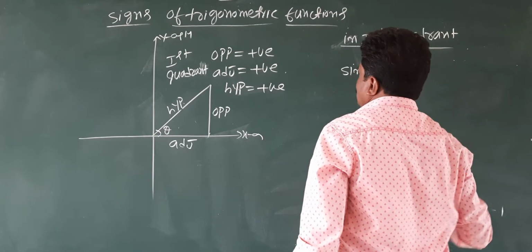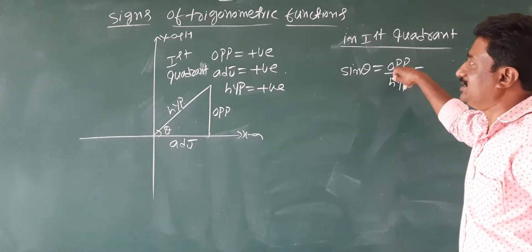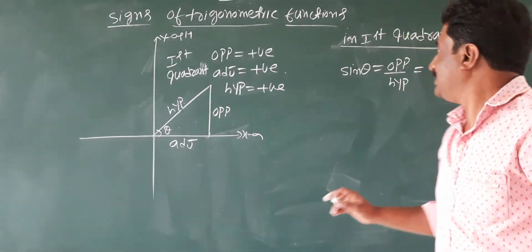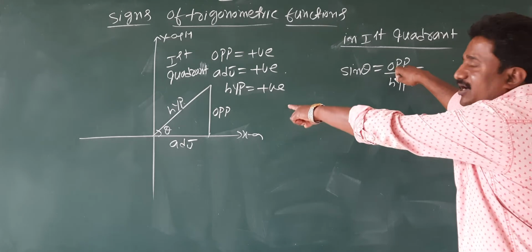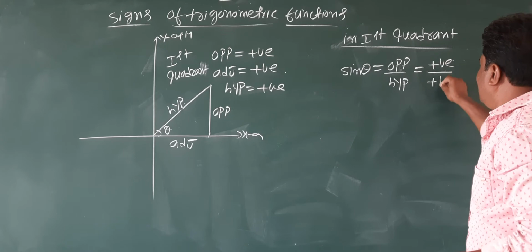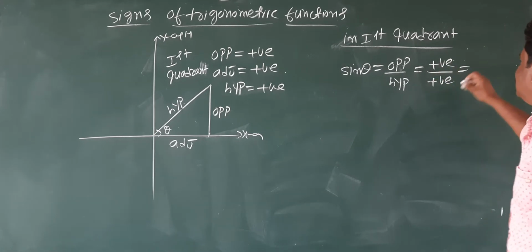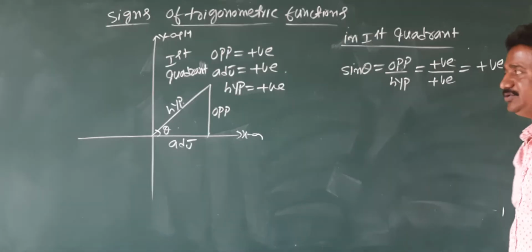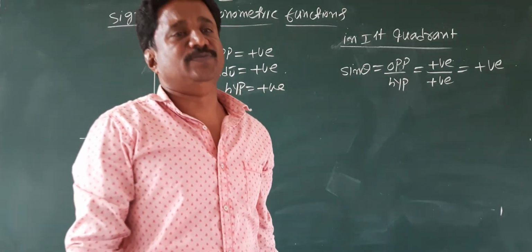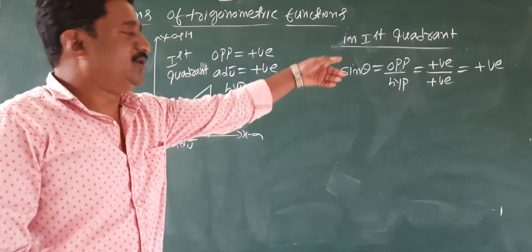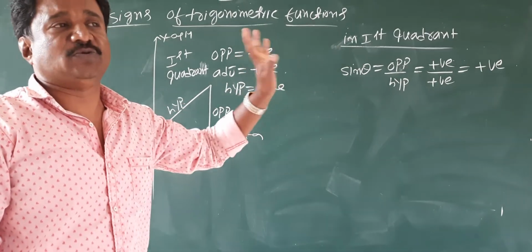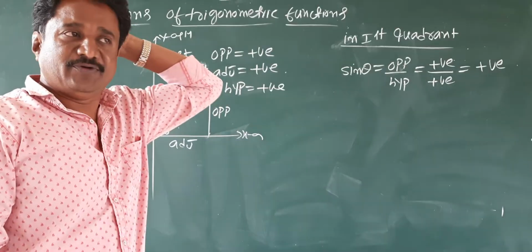Here I consider only signs. What is the sign of opposite in the first quadrant? Positive. Hypotenuse is always positive. Positive by positive is a positive value. All values of sin theta in the first quadrant are positive. That means sin theta is positive in the first quadrant.